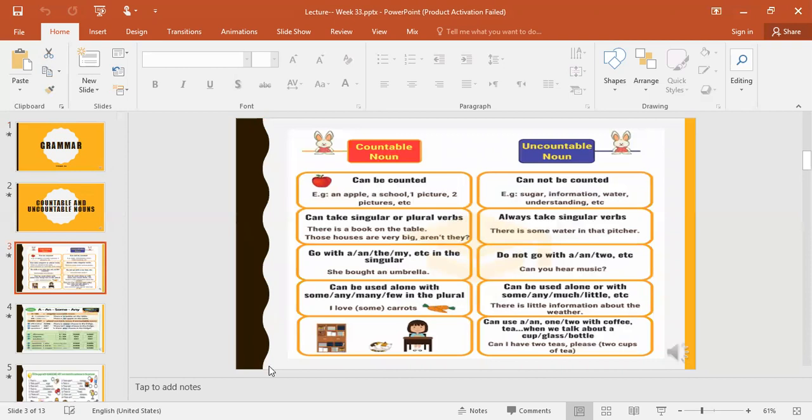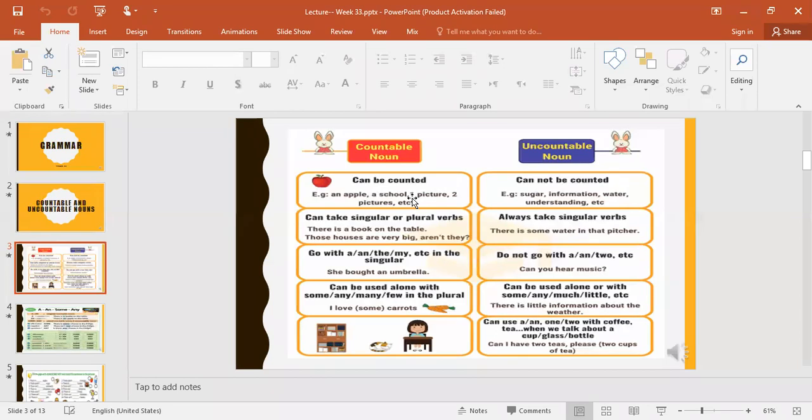This chart, as we explained it, was the most important one in the lesson, in which it explains the differences between countable and uncountable nouns in details. So we can say a picture, an umbrella, an apple, and so on, while uncountable nouns cannot be counted in this way.